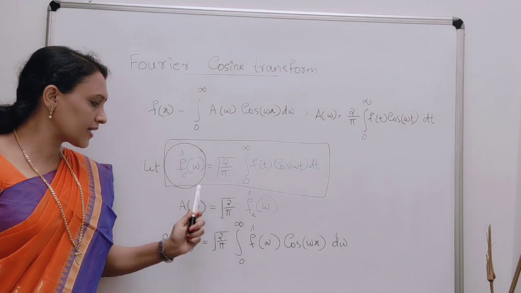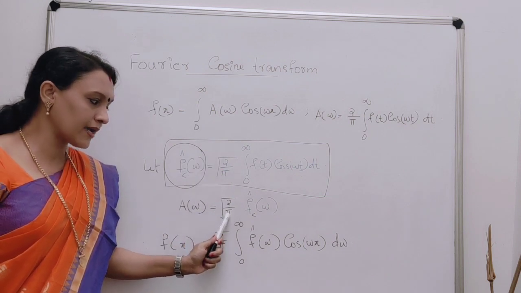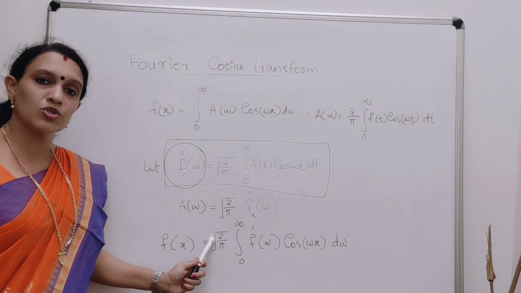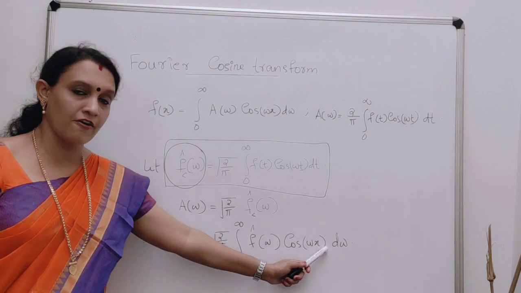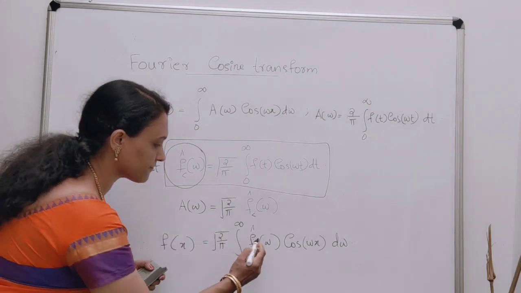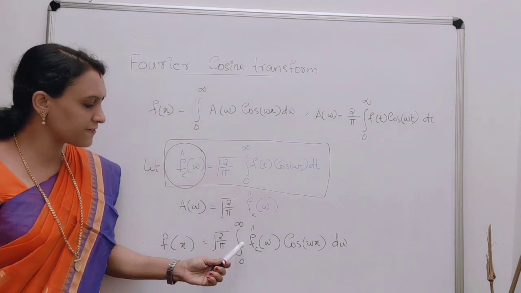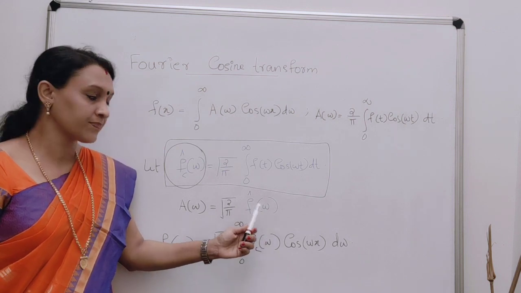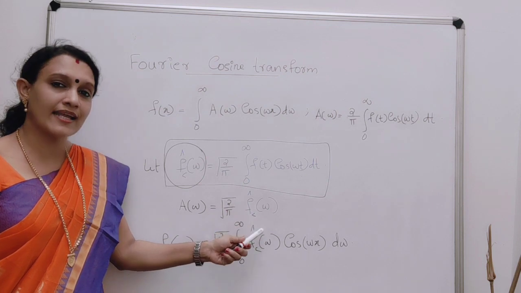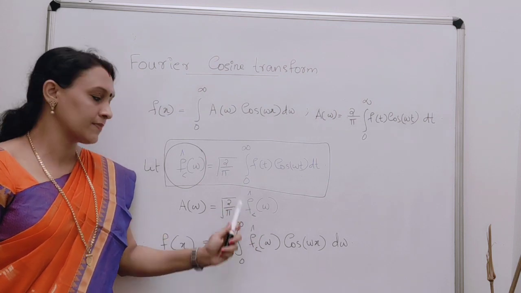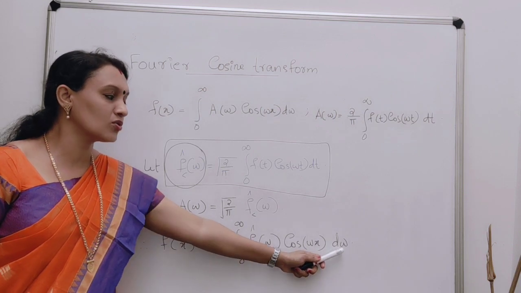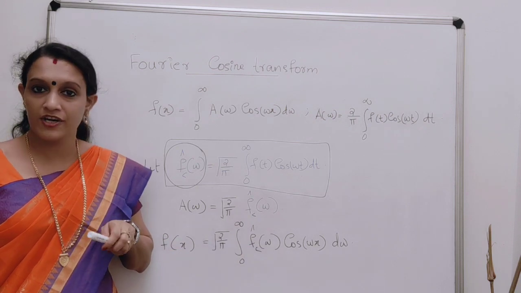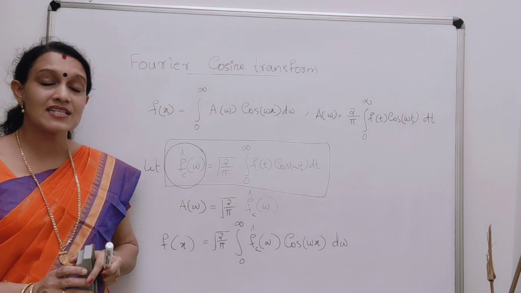A omega is root of 2 by pi into F c cap omega. So when we substitute here, we can take out root of 2 by pi. So this is our f of x in terms of F c cap omega. F c denotes the cosine transform. In order to indicate this as a cosine transform, you have to write F c cap. And this f of x is actually called the inverse Fourier transform.